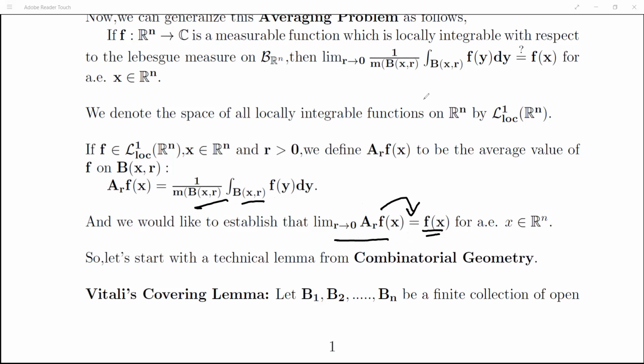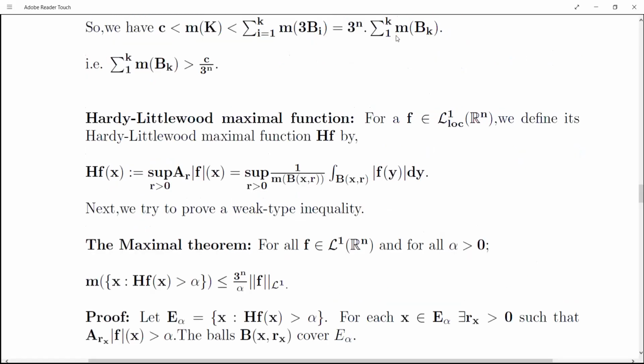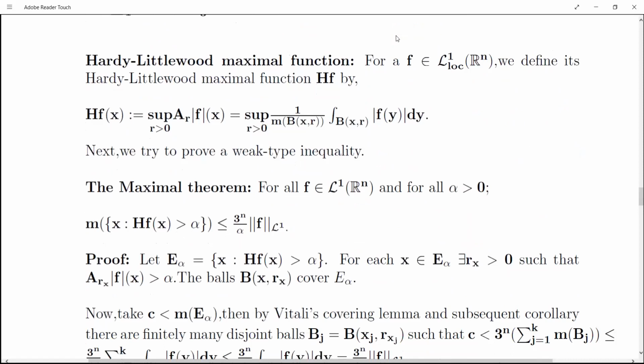Yeah, so let's go to the proof. For doing the proof, first we will define a very important operator, which is known as the Hardy-Littlewood maximal operator. Given any function which is locally integrable on Rn, this is how you define your Hardy-Littlewood maximal function.